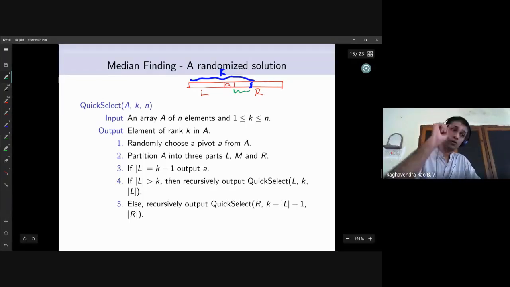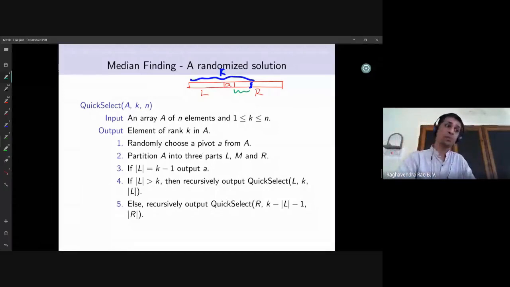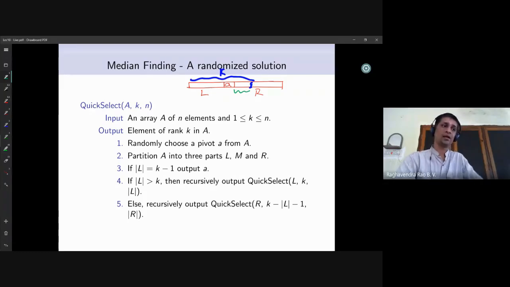I know for sure that, compared to this element, exactly cardinality of L plus 1, that is the rank of pivot, many elements are dropped off, which are less than this element, right? Yes, sir. So the effective rank of my rank K element in the new array will be K minus whatever is being thrown out.